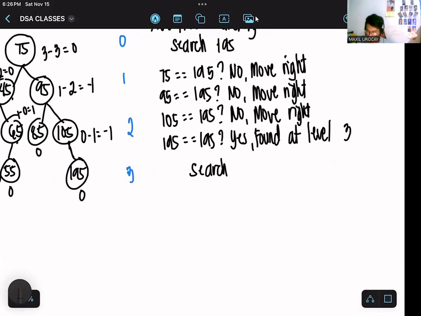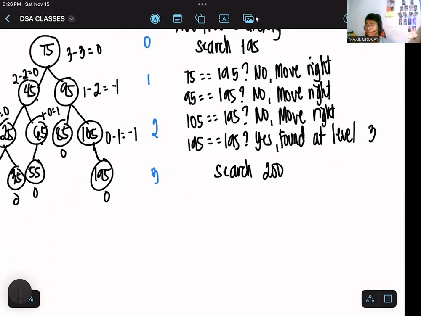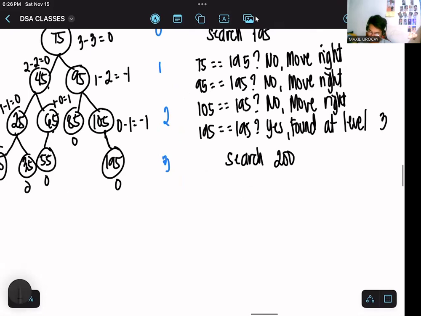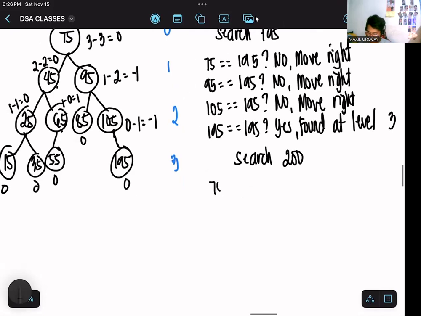Okay, work on that. Searching for 200 is not very clear yet, so let's prove that. From there, is 75 equal to 200?